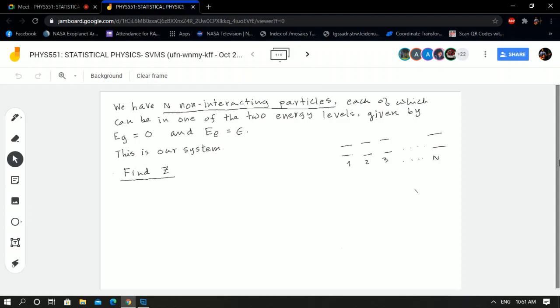Okay, this is probably new to all of us. So, Shruti, are you there? Yes, sir. Shruti, do you have some suggestion? How do we simplify our finding of Z if n particles are non-interacting? I'm sorry, sir. I have no idea.